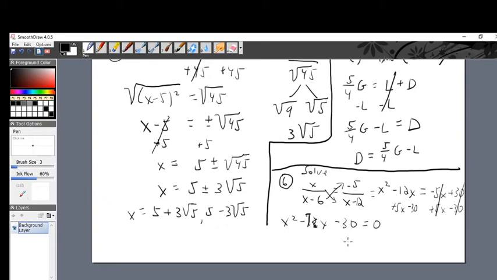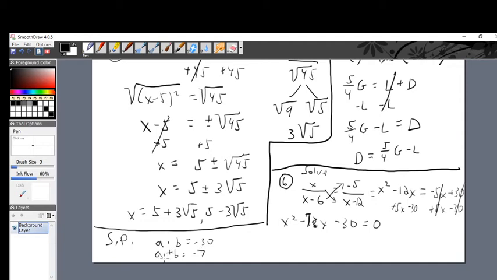Okay, now let's go to scrap paper and ask, what is A times B? This is my scrap paper. A times B has got to be equal to negative 30, and A plus B has got to be equal to negative 7. What two numbers will do that trick?